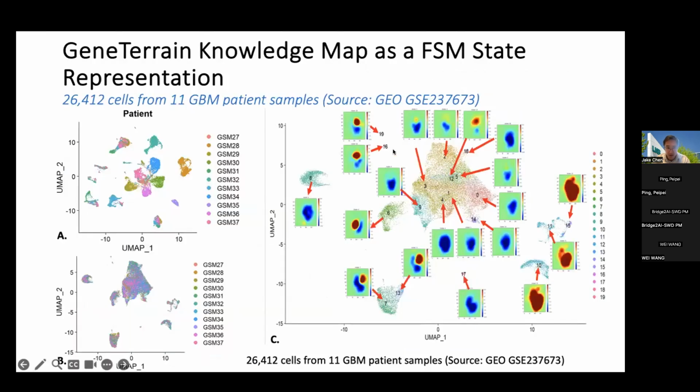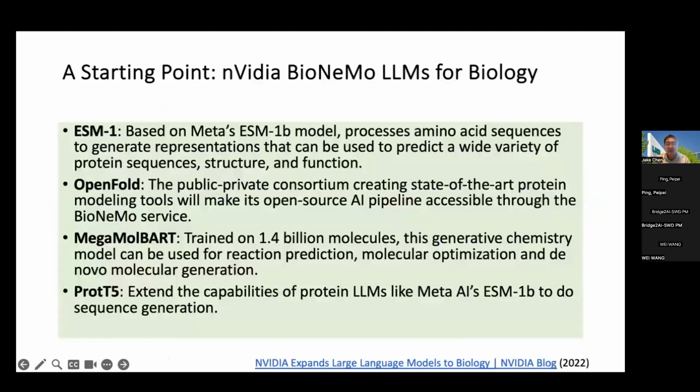We have shown that you can use this technology to look at 26,000 cells from 11 glioblastoma patients. And by aggregating cell gene expression patterns, you'll be able to see either very similar patterns or very dissimilar patterns. And that has a lot of implications. I think that's our effort in making the data AI ready.